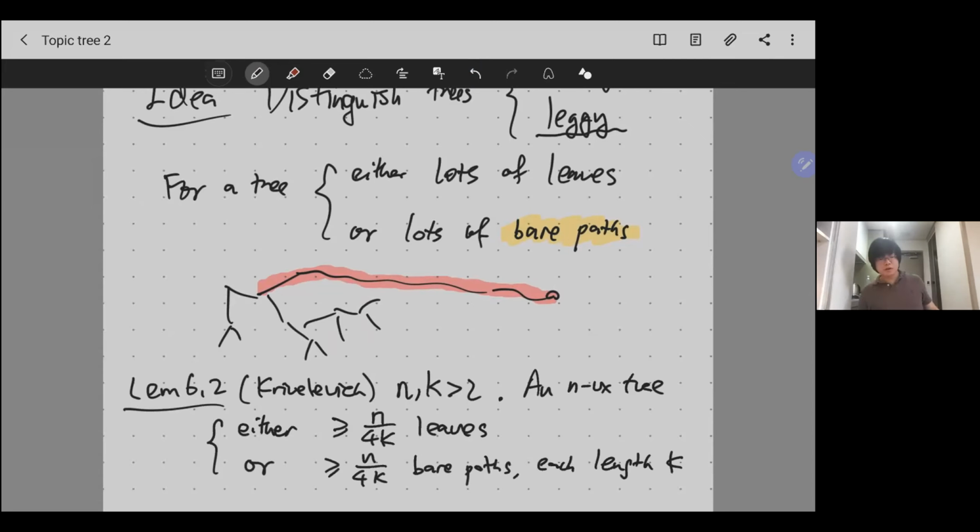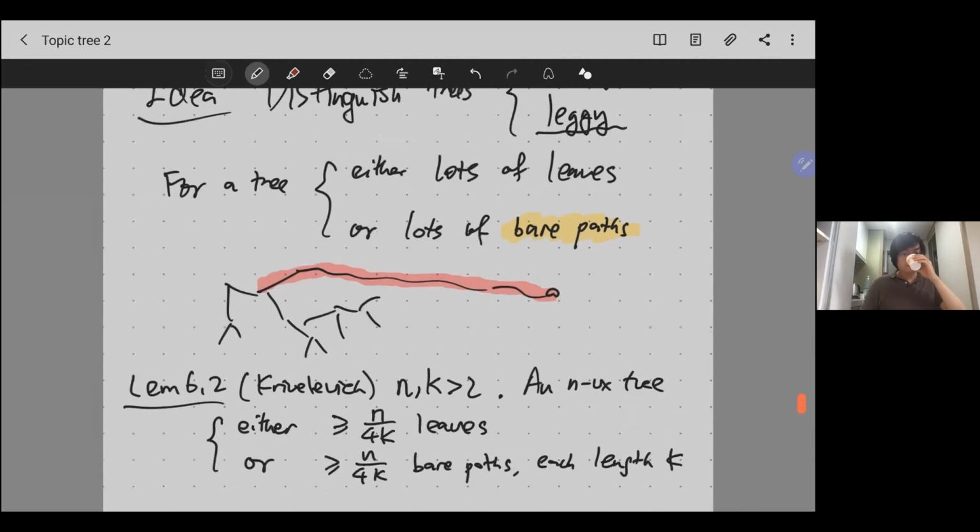In particular, n over 4k times k means the union of these bare paths constitutes a positive proportion, 25% of the vertex set. So either you have lots of vertices as leaves or lots of vertices sitting inside bare paths.